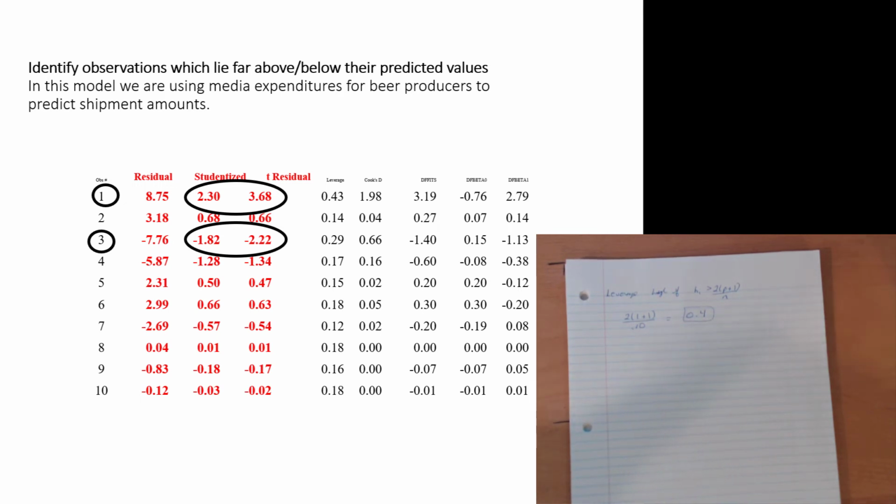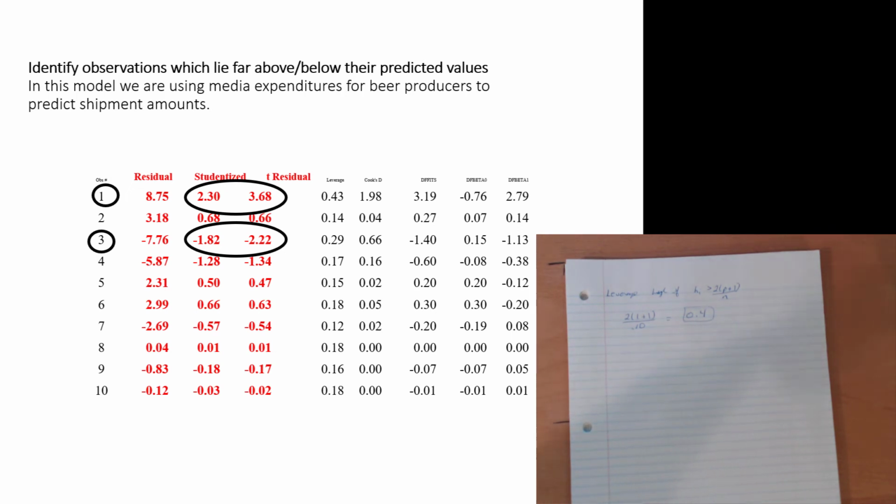So for the other statistics, we're not seeing anybody really jumping out at us. Observation 3 has one that says yes, so it's sort of at the cusp, and we're going to look at it more closely, but the other ones are not only not past the cutoff, they're well below the cutoff values.